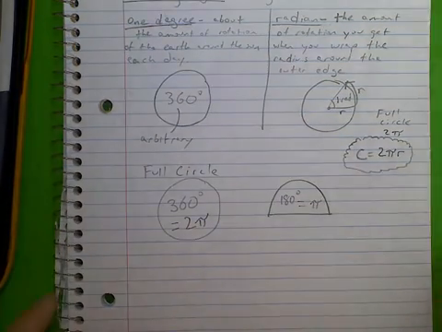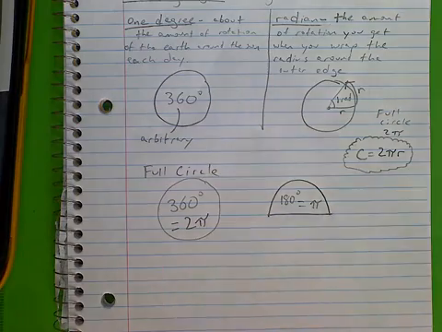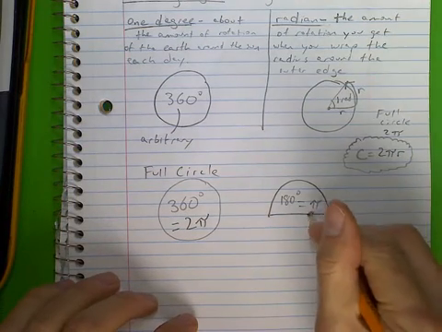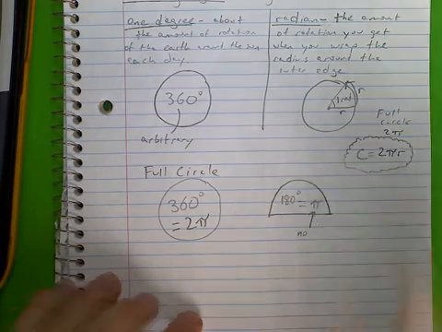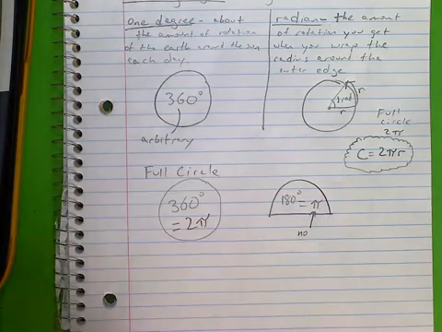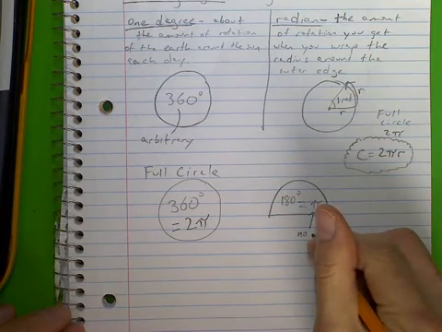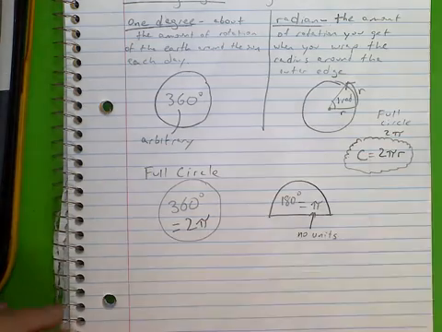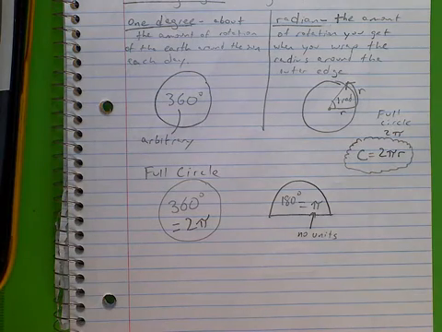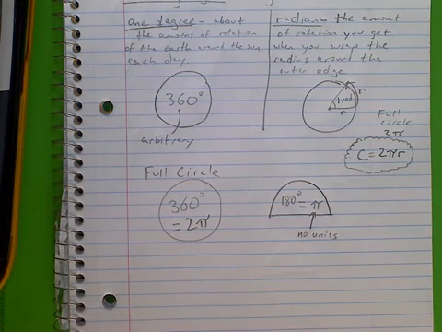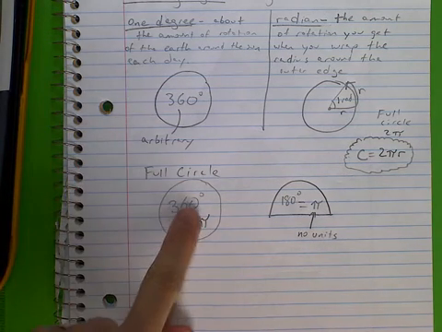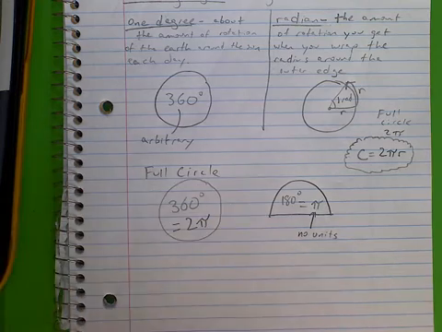Okay. So one thing I want to point out here. Notice that I don't write any units when I write the radian value. That's because we're just counting things. So when we use degrees and we write down that measurement, we have to say what we were counting by.